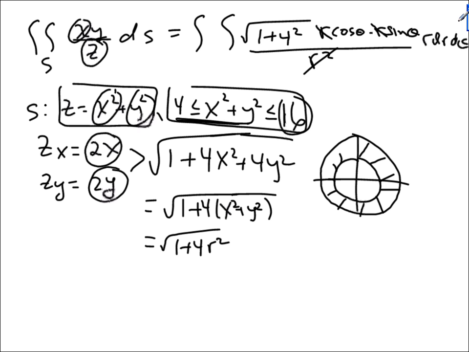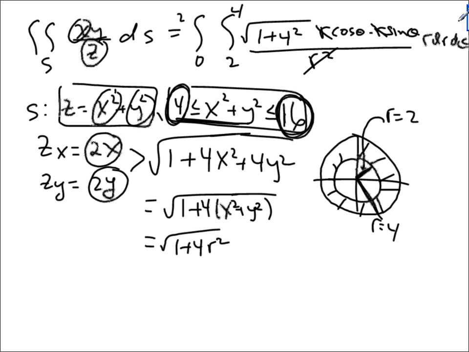It's in between. Well, the outermost circle, r squared is 16, r is 4, and this r right here, well, that's r squared equals 4, so r must be 2. It's in between the circle r equals 2 and r equals 4. R goes from 2 to 4.